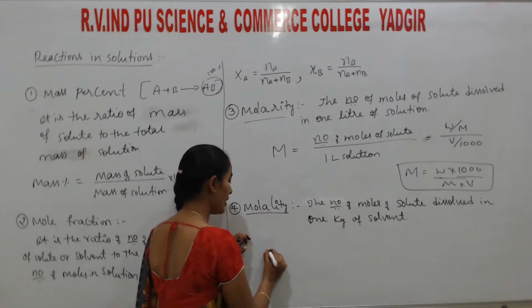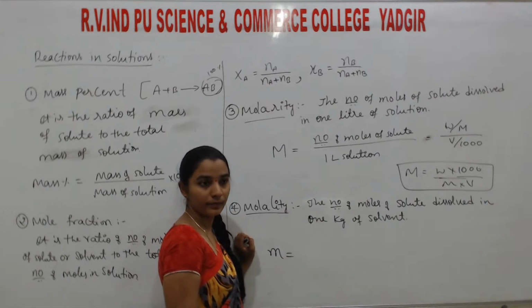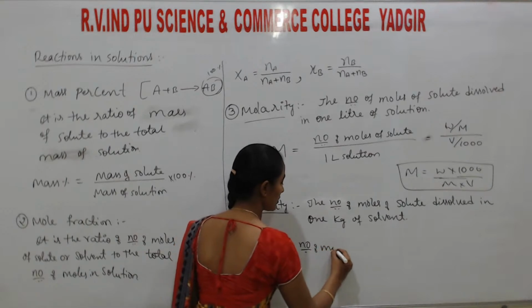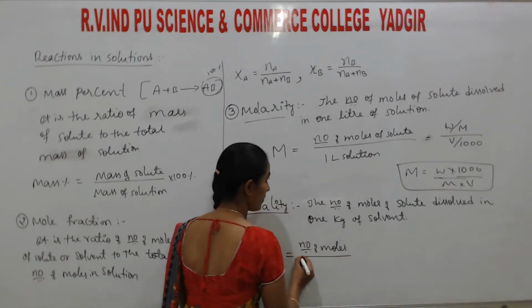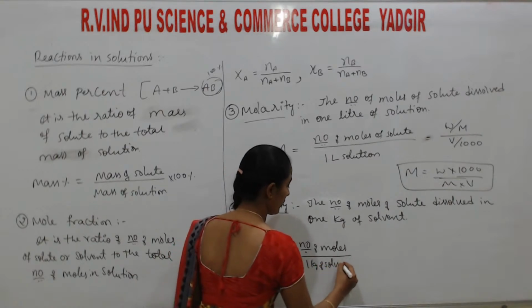Understand? So molality is represented by small m. m is equal to the number of moles divided by 1 kg of solvent.